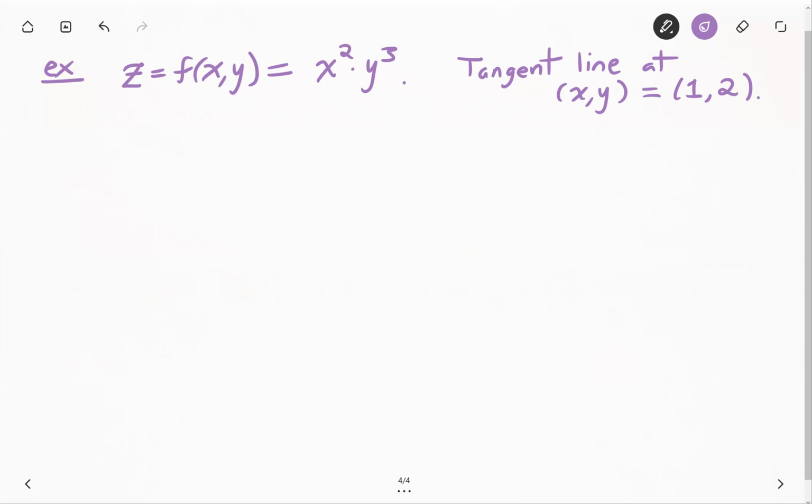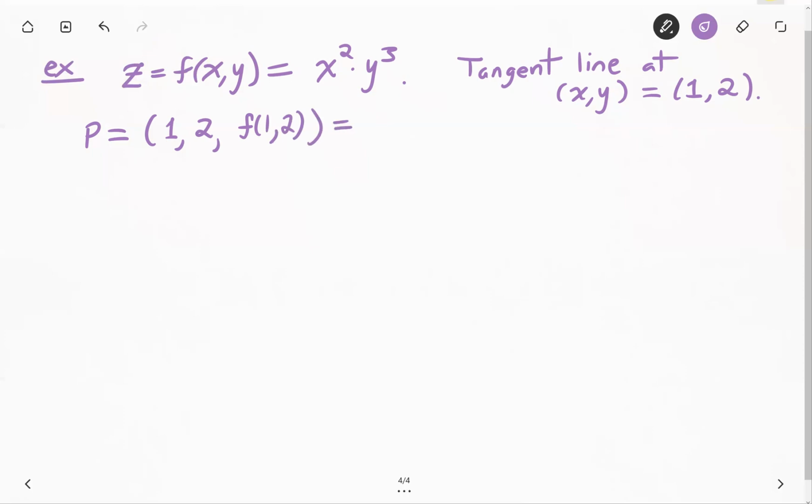Right, to find the point P, this is a point in 3-dimensional space. We have our x value, we have our y value. How do we get the z value? Well, remember, we have an equation for z in terms of x and y. So to get the point that we're going to need for our equation, we would calculate f of 1, 2.